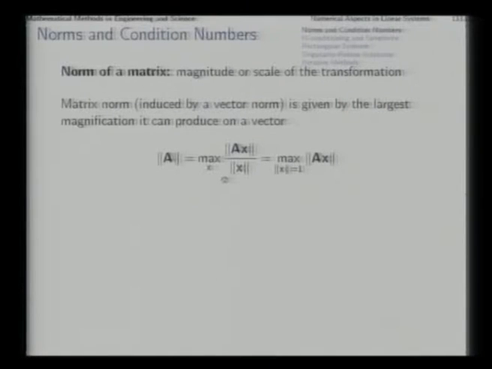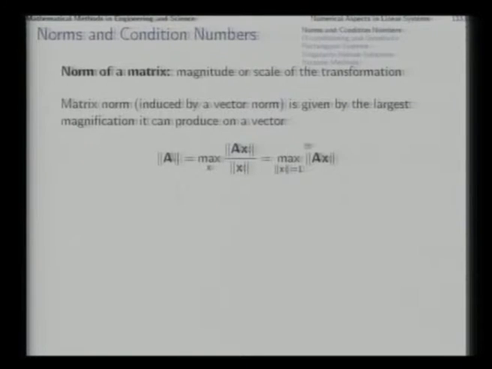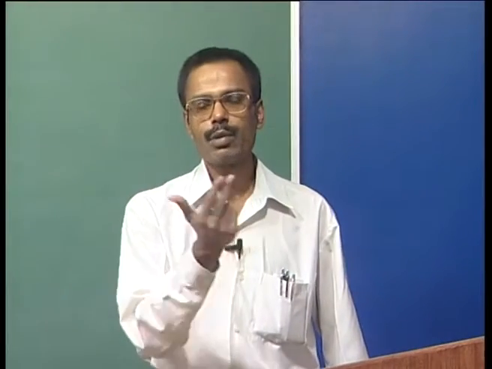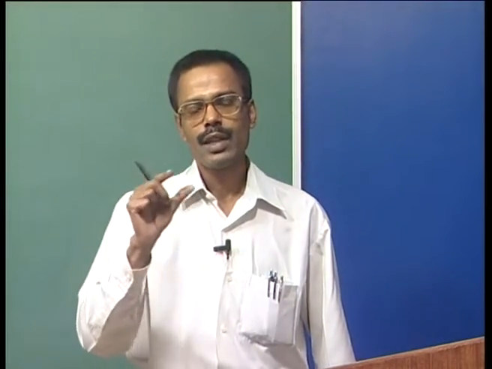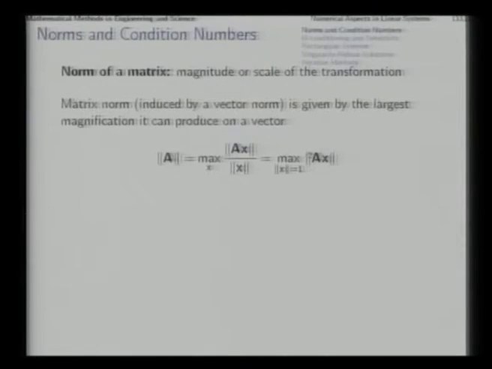Or if you wanted to take all x's which are of the same size, then you could also define it in this manner: all x's taken of size 1. In that case, the denominator will reduce to the value 1, and then you define it in this manner. That is, on a unit sphere, you take all vectors, and out of that the vector which is magnified to the largest extent would define the norm of the matrix.